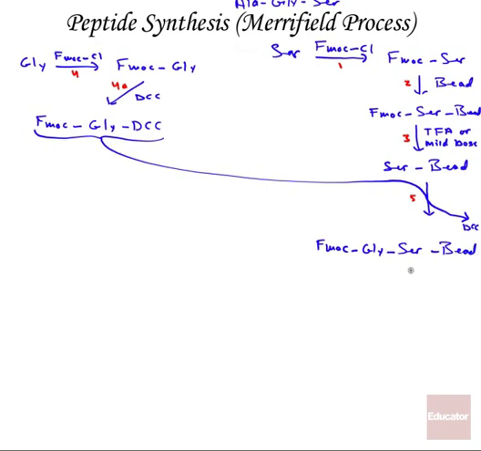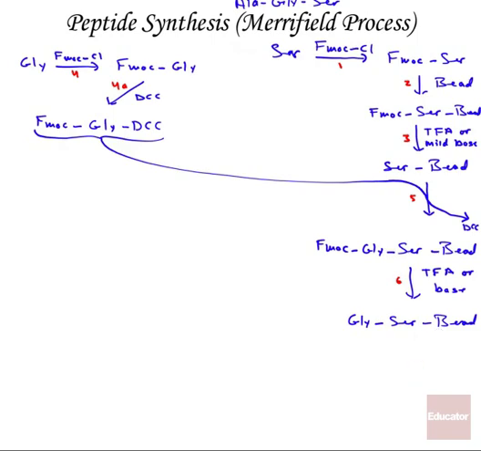Okay, and again, I subject this to my trifluoroacetic acid or mild base, and what I end up with is gly ser and bead. And let's go ahead and call this one reaction number 6. I really hope I can do this in one page. I should be able to go one more. Yeah, that's not a problem.